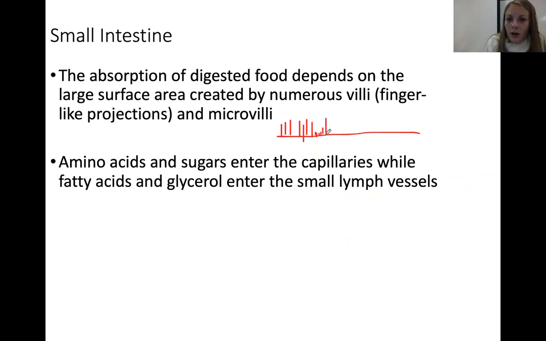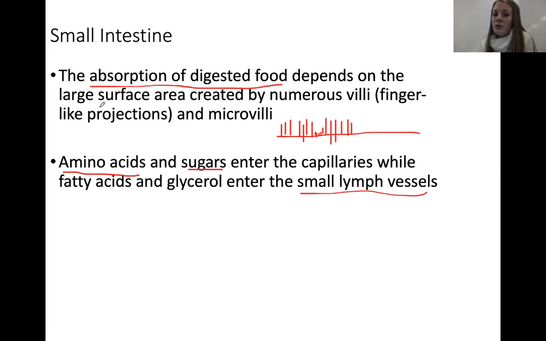And these are aiding the absorption of the food, and it depends on the large surface area created by these finger-like projections. So this is just talking about how, in the small intestine, the absorption of digested food depends on the surface area.